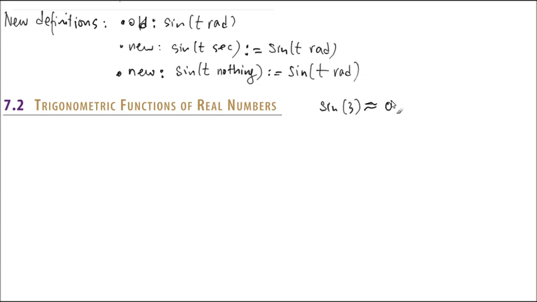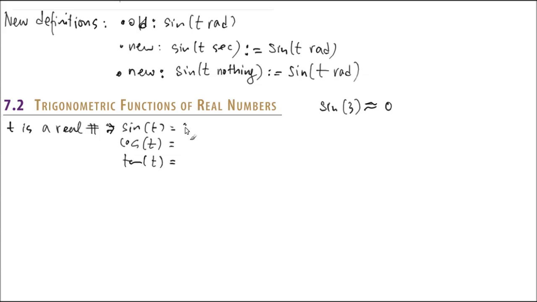So we just define sine of t, where t is a real number. Then the meaning of sine of t, cosine of t, tangent of t, those things. It's completed.